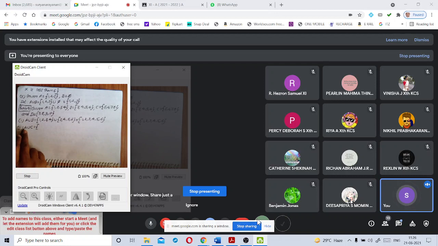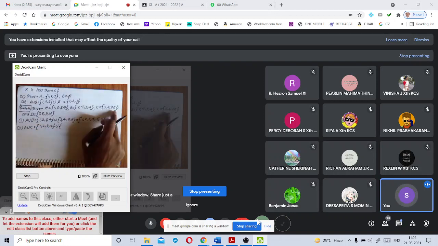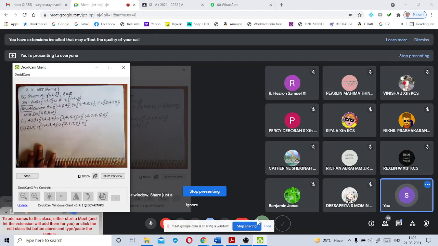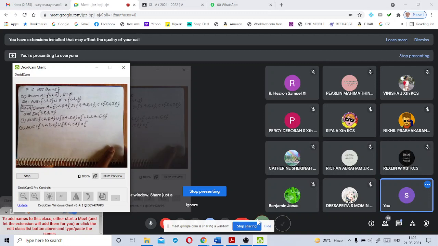Similarly, we find A union C. What is A here? Set {1, 2, 3, 4} union set C. What are the elements of set C? {5, 6, 7, 8}. Can anyone tell the answer to this question, except Samuel?